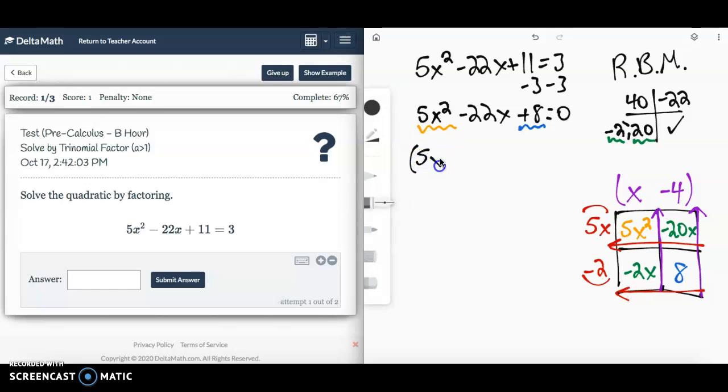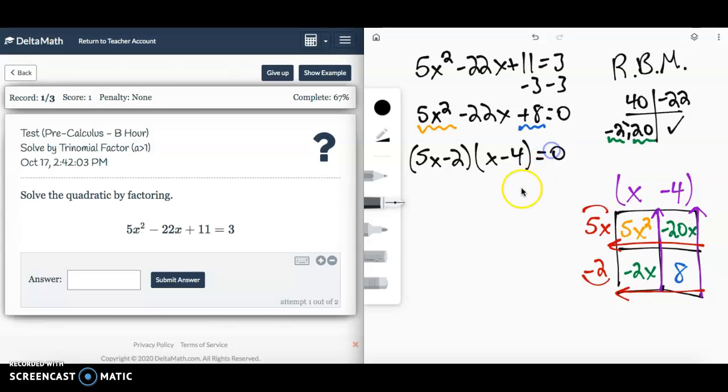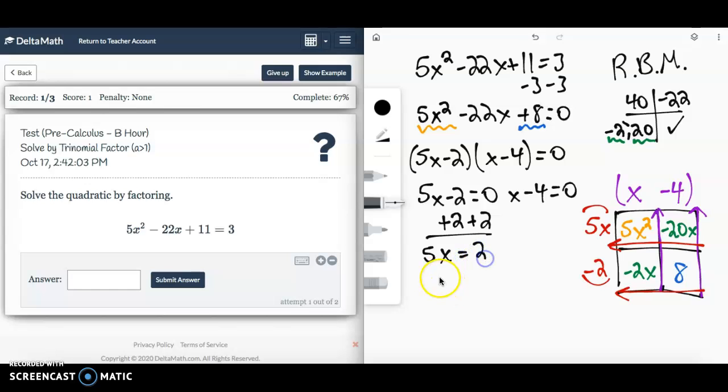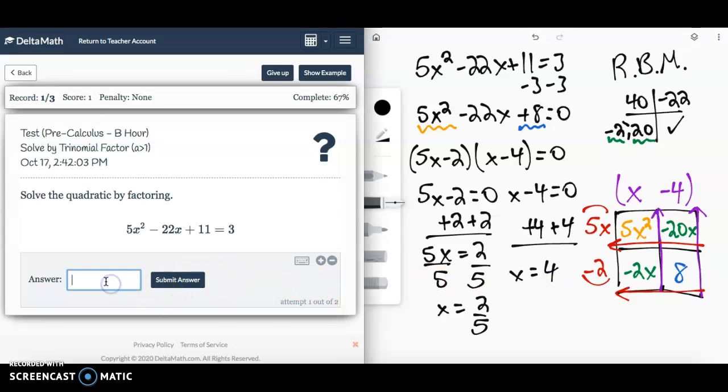I have 5x minus 2 and x minus 4 all equal to 0. I separately set those equal to 0 to find my solutions. So x equals 2/5 is one answer, and x equals 4 is my other one.